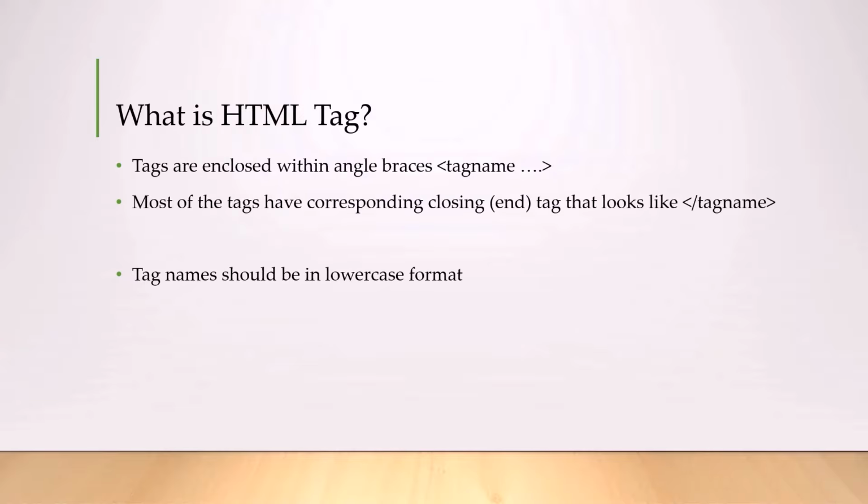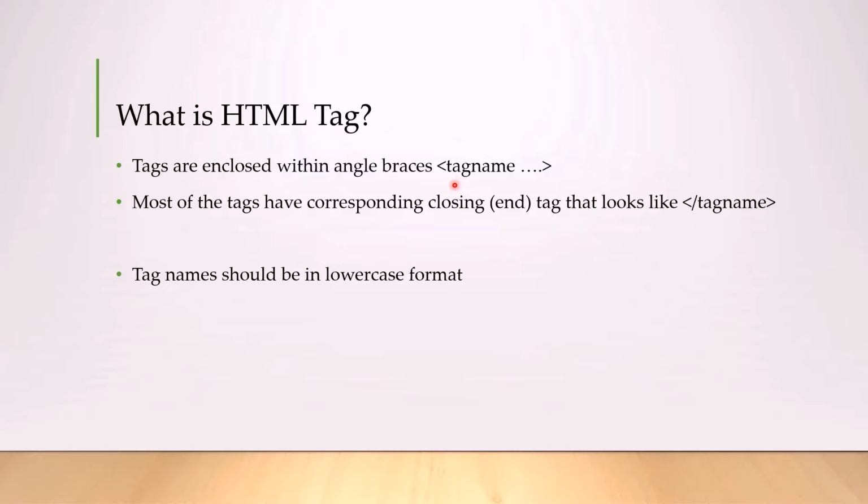What is an HTML tag? Tags are enclosed within angle braces like this. This is called angle braces, and the tags are enclosed within these angle braces. An HTML document or an HTML file consists of lots of tags.